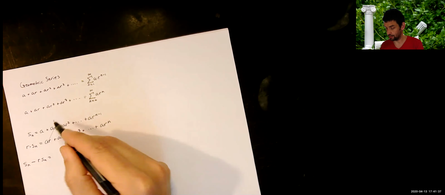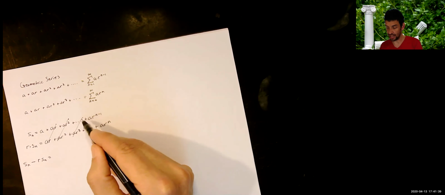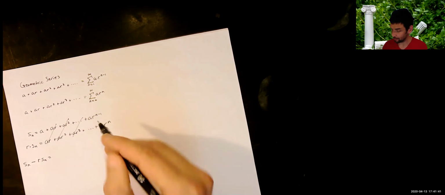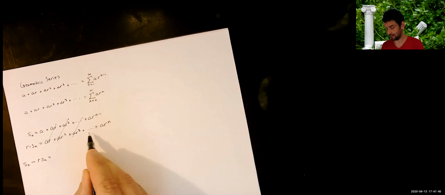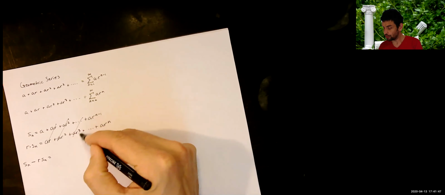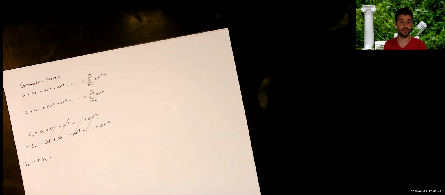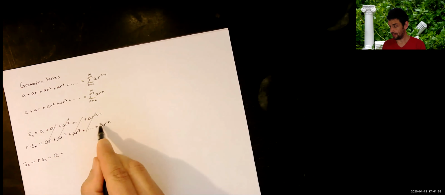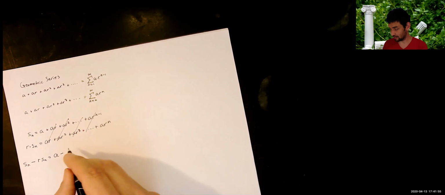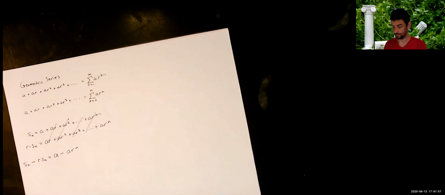Those two will cancel. These two will cancel. There's an ar cubed sitting in that dot, dot, dot, and there's also an ar to the n minus 1 sitting in this, the one right before this. So every term is going to cancel except for this first a and this last one, which is being subtracted, ar to the n.